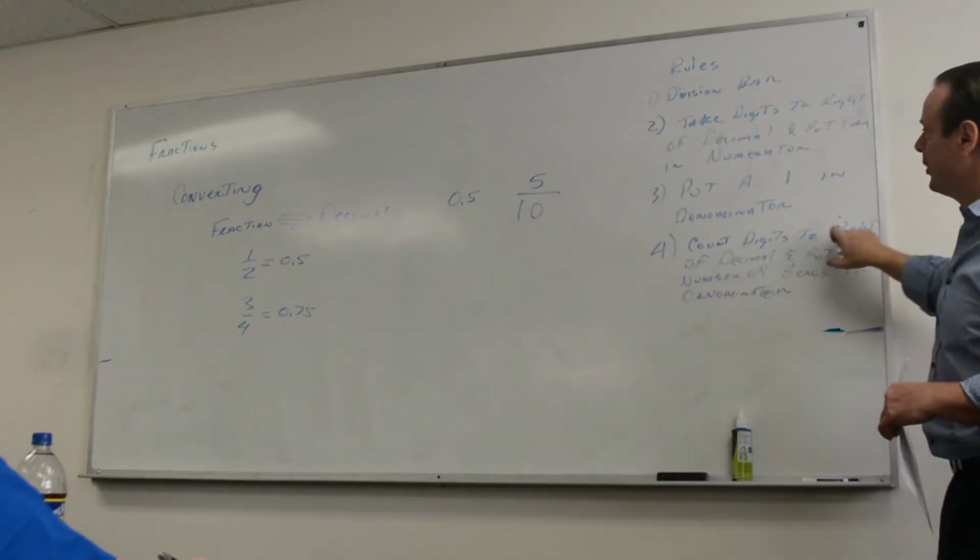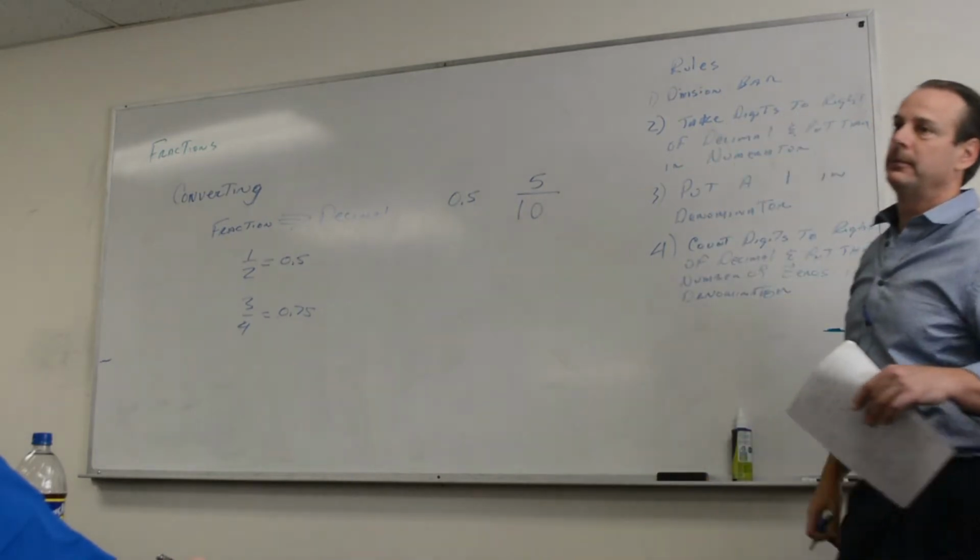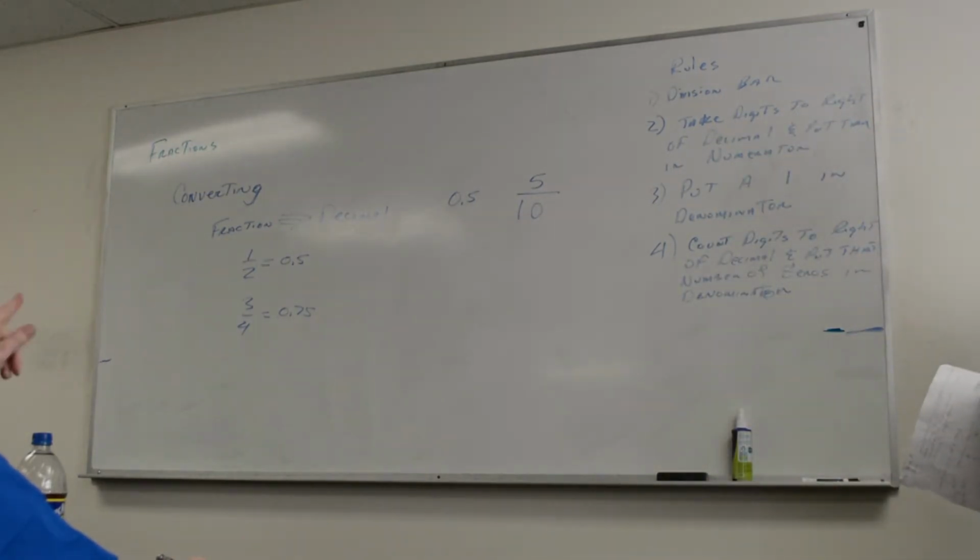In this case, it's 1, and we're going to put that number of zeros in the denominator. So if there was more than 1 to the right, you would put as many zeros as there are numbers. Exactly. You're going to count the number of digits.